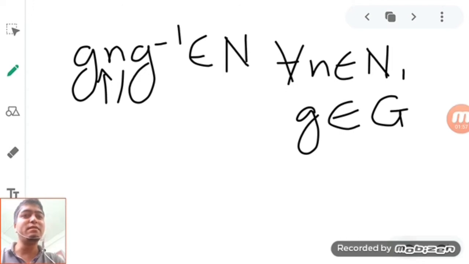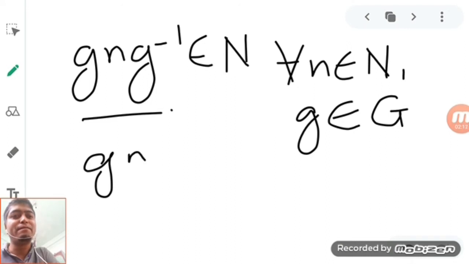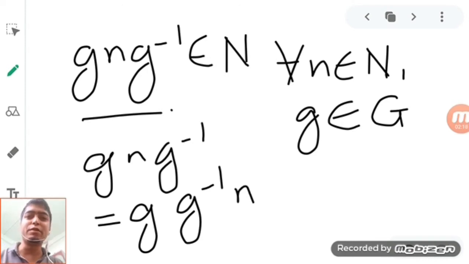And secondly, you cannot interchange the positions between n and g. For example, some of you may be thinking that g n g inverse may be interchanged in this way. Okay, but you cannot, because you don't know whether the group is abelian or not.